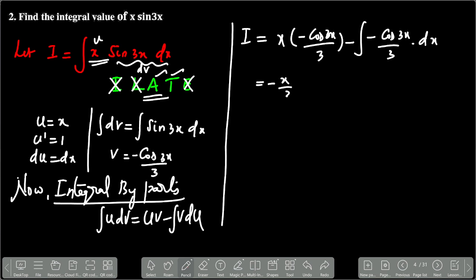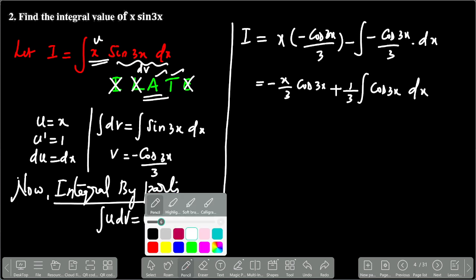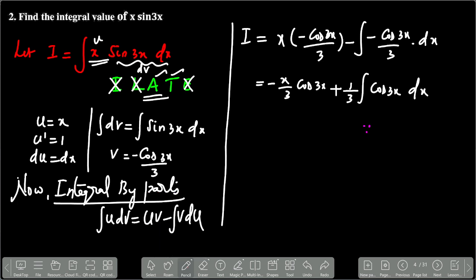Minus x by 3 into cos 3x, plus 1 by 3 taken outside, then cos 3x into dx. What is the formula here, students? The integral of cos ax dx equals sin ax by a. Correct? Now apply the formula here.